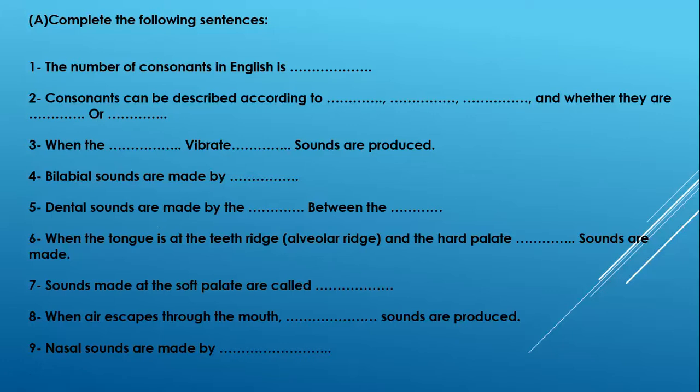Question number 1. The number of consonants in English is. How many consonants do we have in English? Number 2. Consonants can be described according to. How do we describe consonants? We've got 3 different ways, or criteria, in relation to the method of describing consonant sounds, and whether they are something or something else.